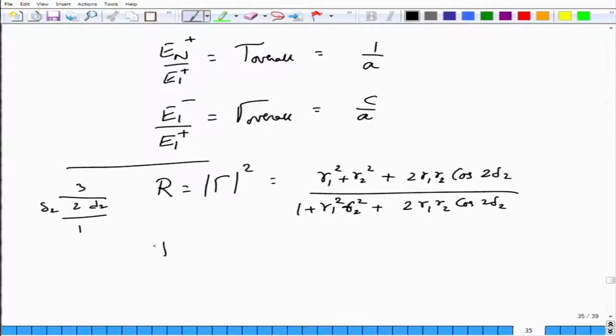You can show this; I will leave this as an exercise for you. Of course, you can find the power transmission coefficient as 1 minus R, because power or energy is getting conserved.